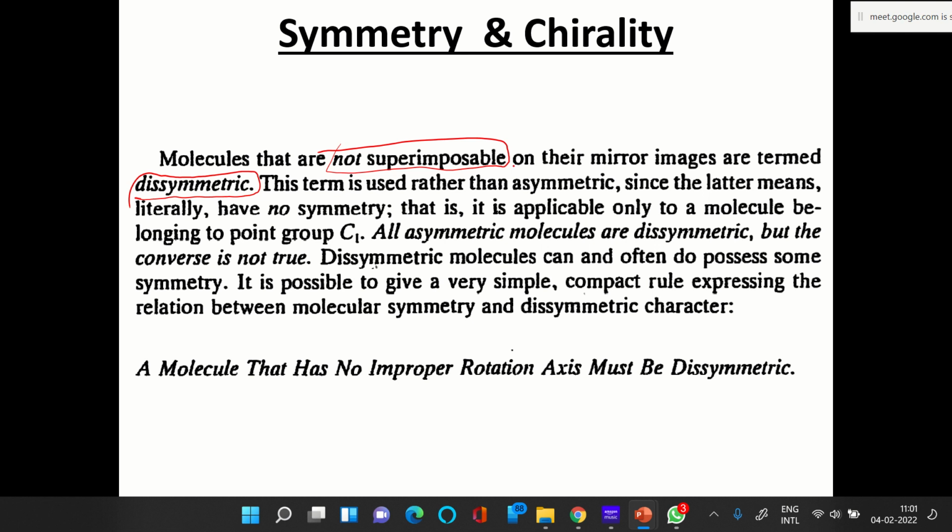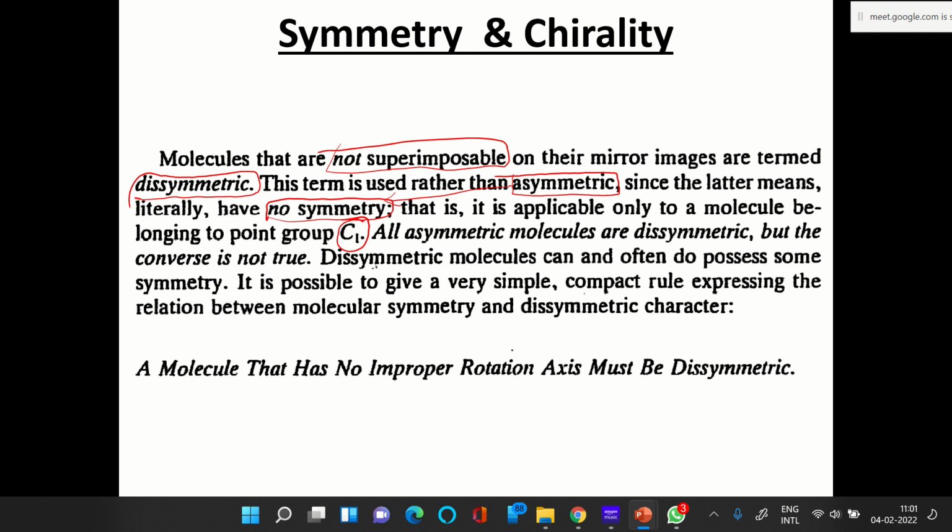There's also a word called asymmetric. Asymmetric is a little bit avoided because the literal meaning of asymmetric is having no symmetry elements at all.